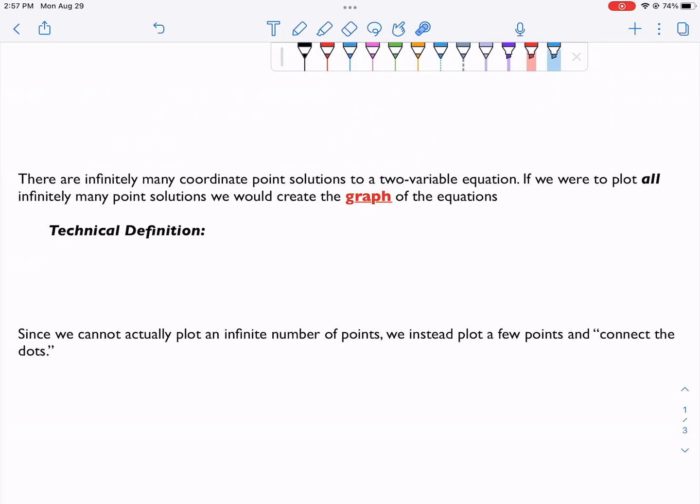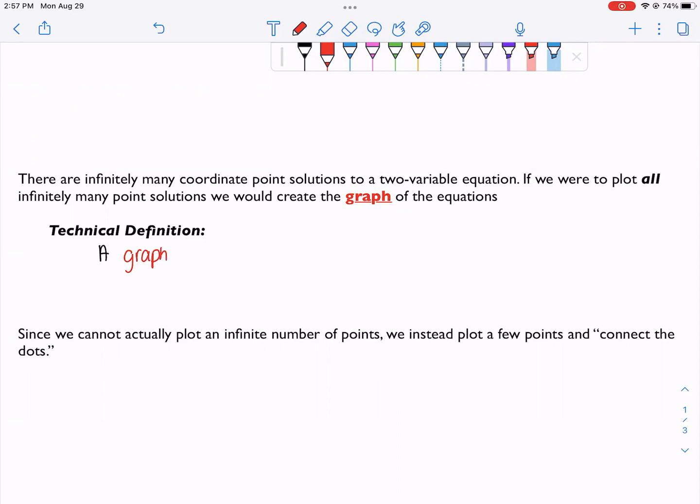I want to give you the technical definition of a graph of an equation. The graph of an equation is the set of all coordinate points x and y that satisfy an equation, all infinitely many of them. So it's a set of points.